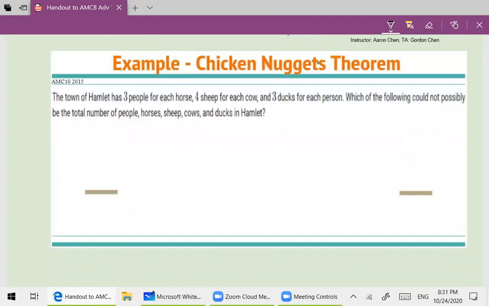And here's an example of the chicken McNugget theorem.